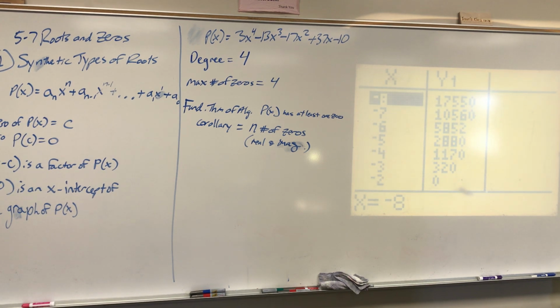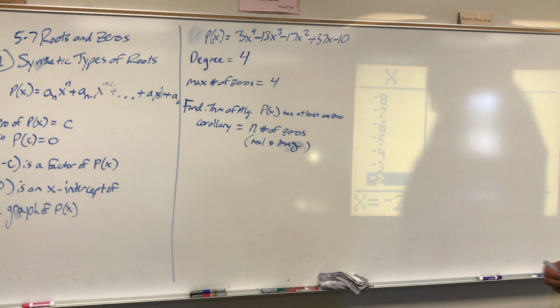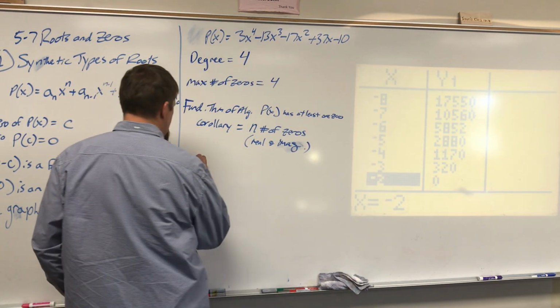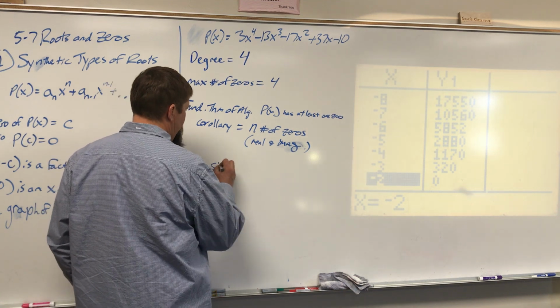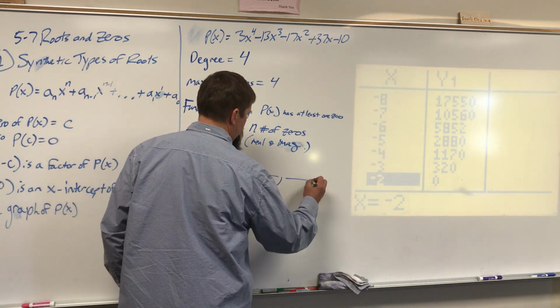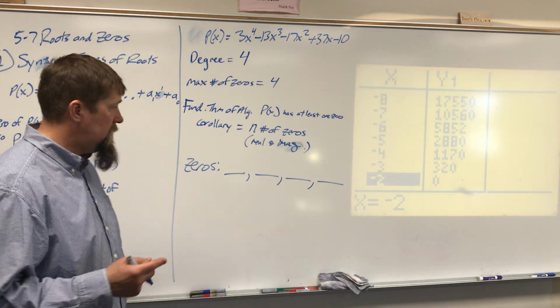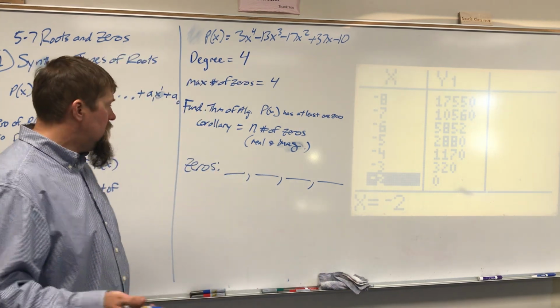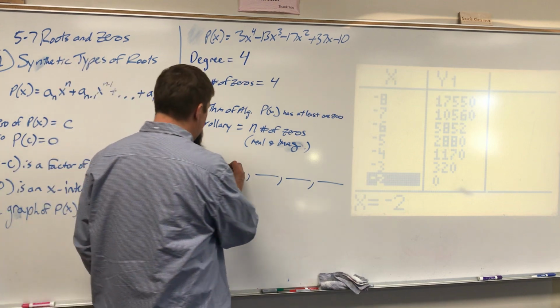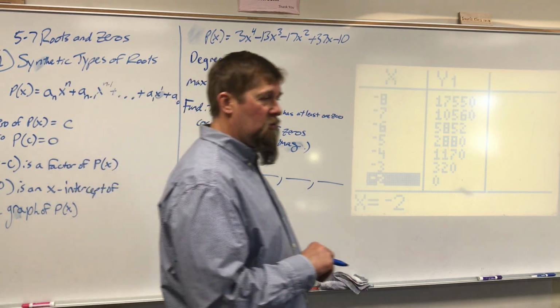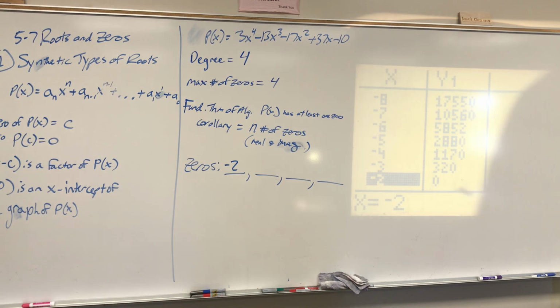It looks like it goes up significantly, so there's probably no zeros there. There is a 0 right there. So we know that there are probably 4 zeros. We don't know if each one comes up more than once, but we do know that -2 is at least one of the zeros, according to my table.